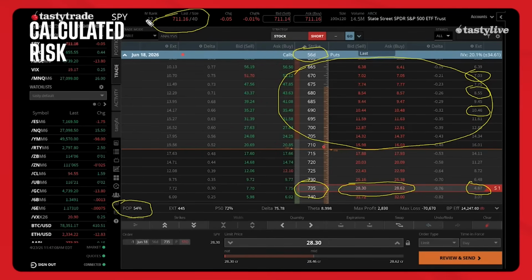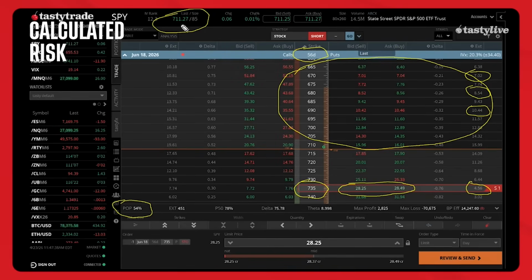And so if SPY were to rally from 711 all the way to 735, let's say, then that's going to be the best case scenario for me because I'm going to be able to keep my extrinsic value and I'm getting paid for all the intrinsic value that I sold all the way down from 711 up to 735, because this difference in price, 711 to 735, is about $24. Let's just call it $24 to make it a little simpler. I'm being compensated by those $24 here.